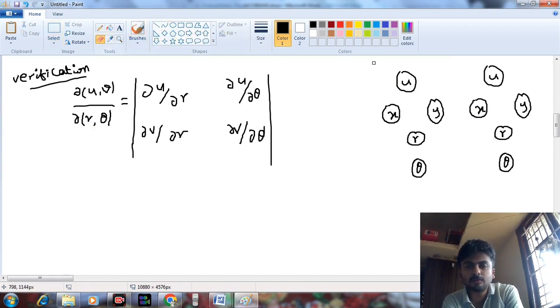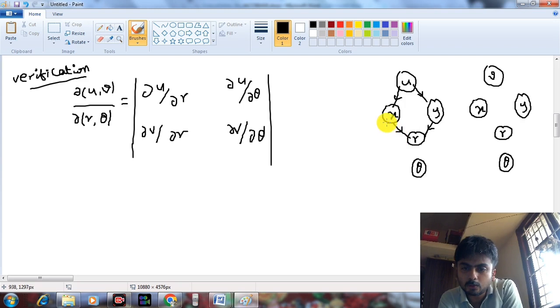Now we can reach r from u by means of x and y.